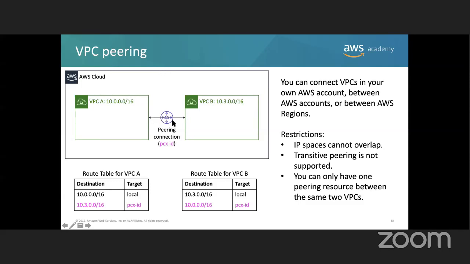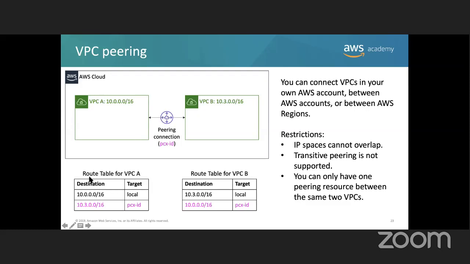This doesn't transfer to this. If we have this, it doesn't transfer to this. So you have to establish an individual VPC peering connection between two VPCs for them to connect.